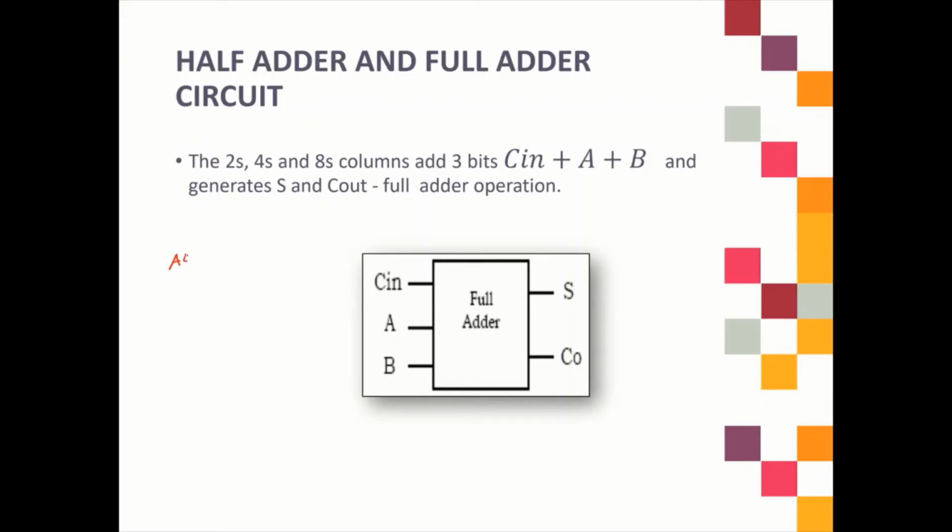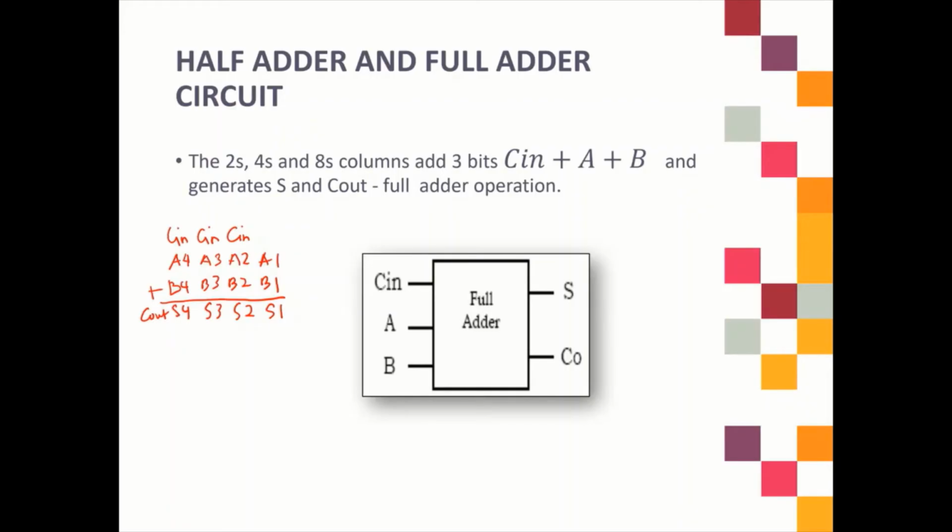You have 4 bits for A, A4, A3, A2, A1, plus B, which also has 4 bits. When you add, you get S1 as your first value, and then next you get C in, and then here is S2, and then C in, S3, C in, S4, and the last one here is C out.